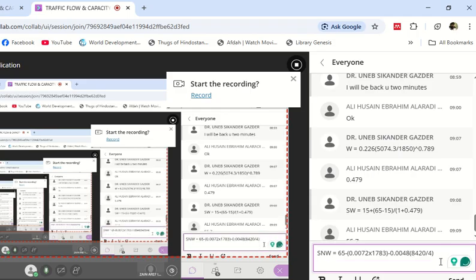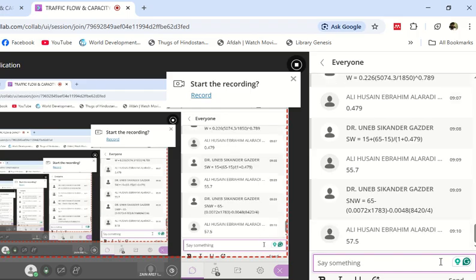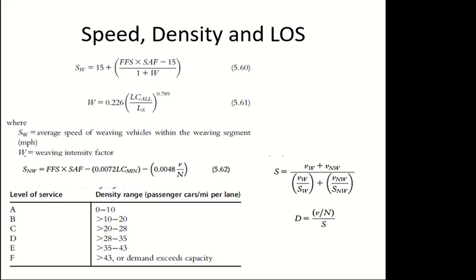Okay, and then this is for the non-weaving. So how much is this? Okay, so we have the speed for the weaving and non-weaving.